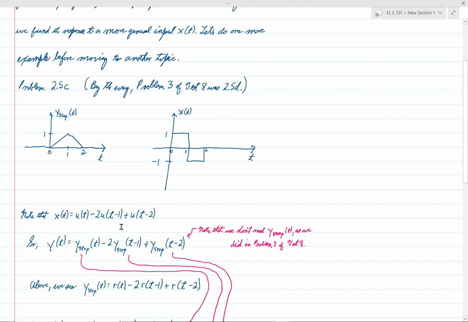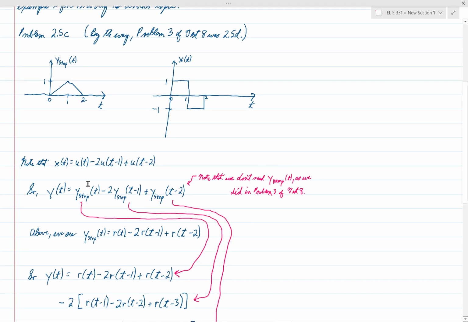So that is minus 2 times u of t minus 1. And then we go back up 1 unit at t equals 2, and that's accomplished by adding in this u of t minus 2. So this is how we would express x of t in terms of singularity functions.